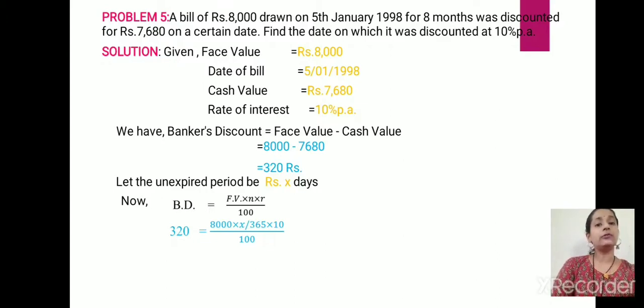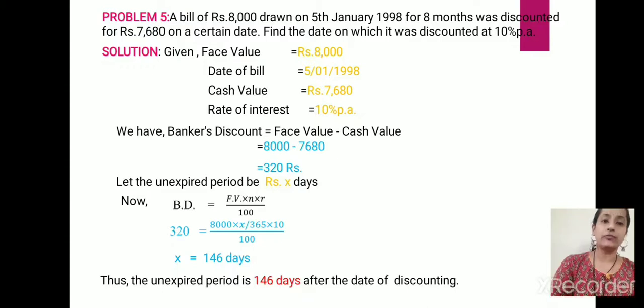Doing the calculations, you will get the value of X as 146 days. What is 146? It is the unexpired period for which the bill is discounted. Therefore the unexpired period is 146 days after the date of discounting.